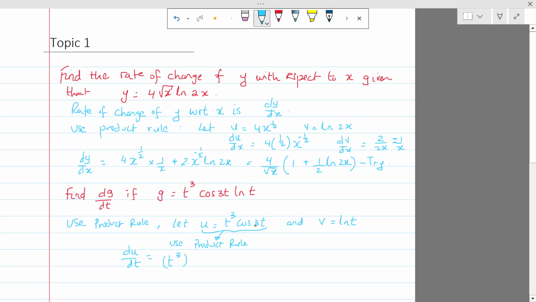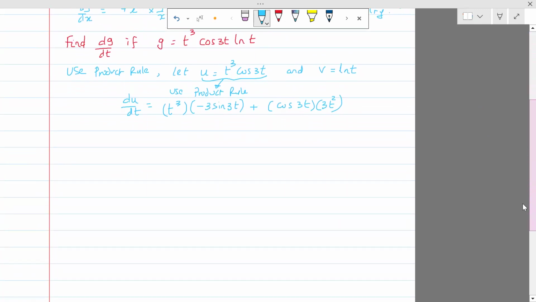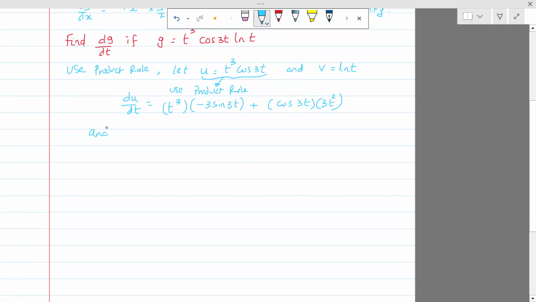When I differentiate cos of 3t, I'm going to have minus 3 sine of 3t, plus cos of 3t, v times du by dt, which is 3t squared. And what is dv by dt? dv by dt is simply the derivative of ln t, which is 1 over t.